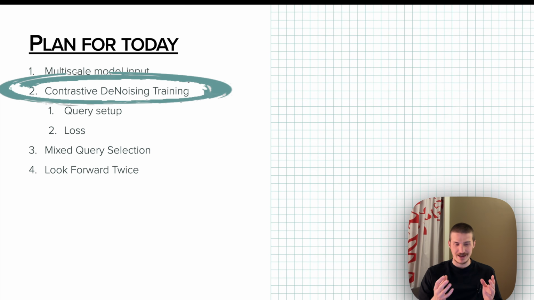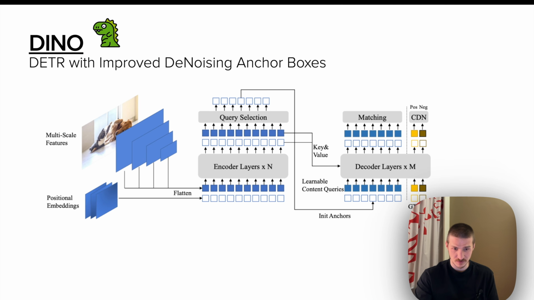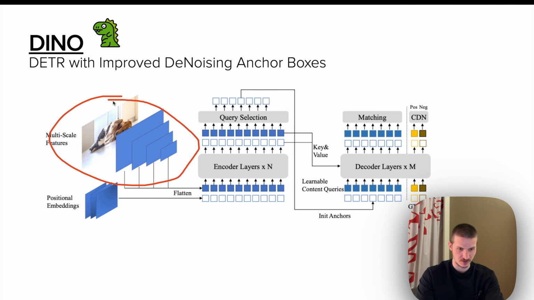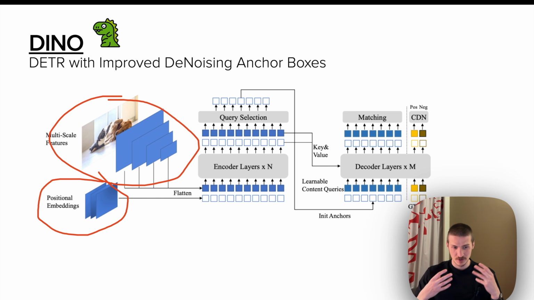Okay, now let's have a reminder of what contrastive denoising training is. So first of all, here's the scheme of DINO overall again. So we've looked at this MultiScale input. I haven't really looked at that, but basically before flattening everything out and passing that through the transformer, we want to have positional embeddings to remember where each pixel was located.